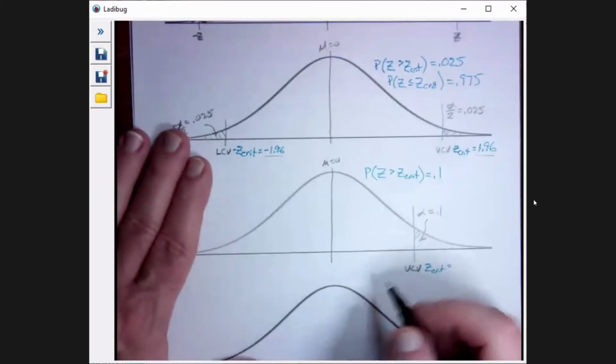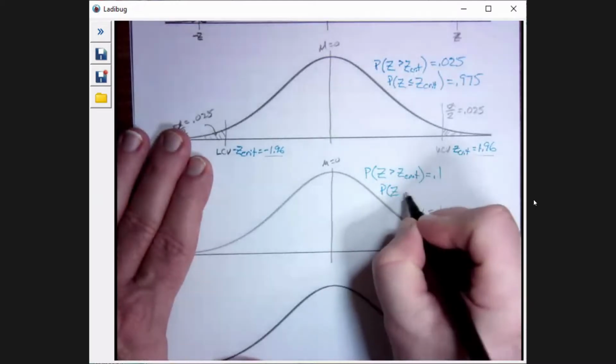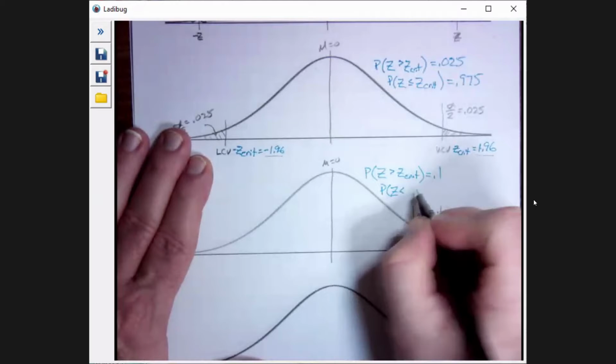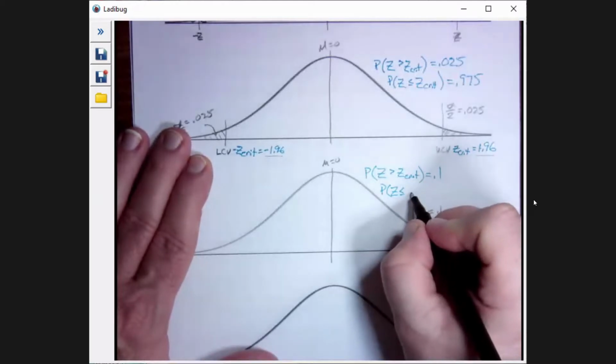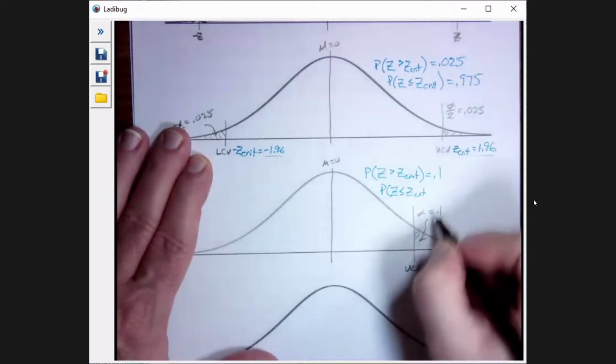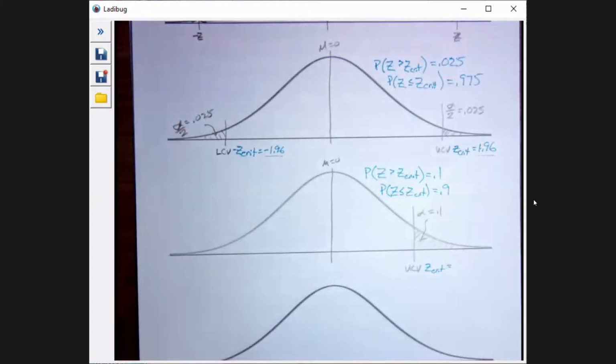You use the complement rule. So the probability of a value being less than or equal to, it doesn't matter because we're using a continuous distribution, is the complement of that: 1 minus 0.1, which is 0.9.